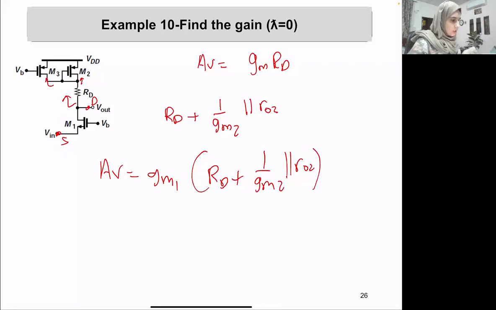Now lambda equals 0, I'm at this moment assuming it for transistor M1. Okay, I'm also assuming it for M2, otherwise I can, sorry, this is R out 3. Okay, thank you.